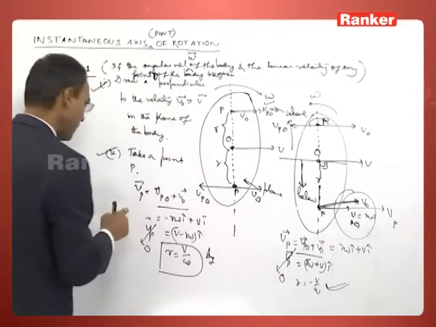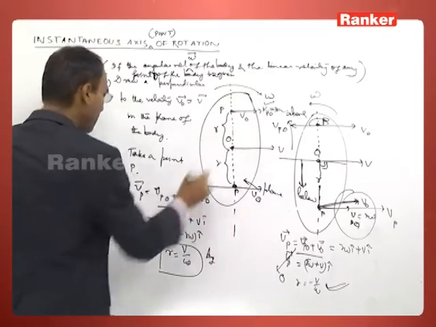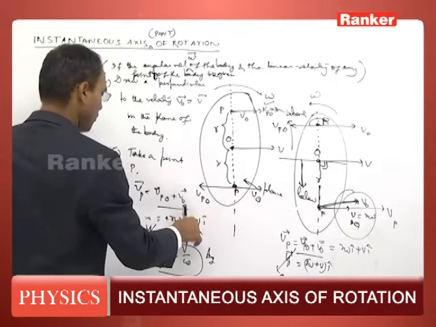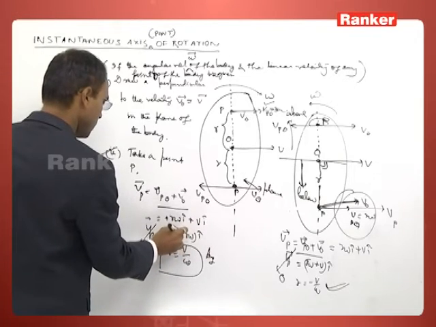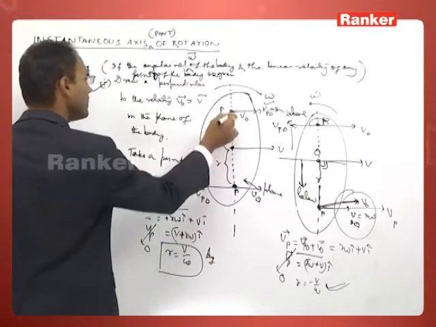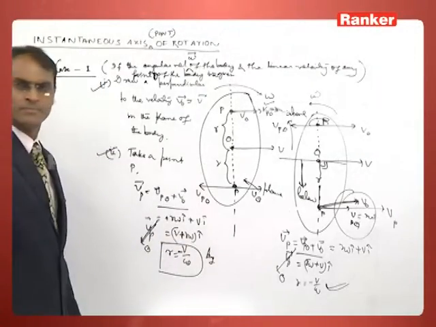The velocity of the point P equals Vpo plus Vo. Here Vpo will be equal to plus r into omega, and Vo is equal to V into i cap. So the point velocity is equal to V plus r omega i cap. When this point velocity is equated to 0, you are getting a minus sign again.